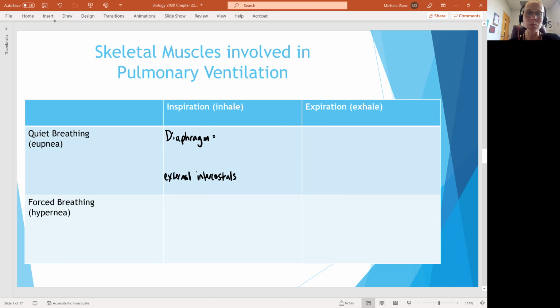And the diaphragm, remember, is that tortilla shape, right? So it's going to flatten and push down into the abdominopelvic cavity, making a deeper kind of breath. And then the external intercostal is going to pull out on the rib cage, and that's going to make more of a shallow kind of breath.